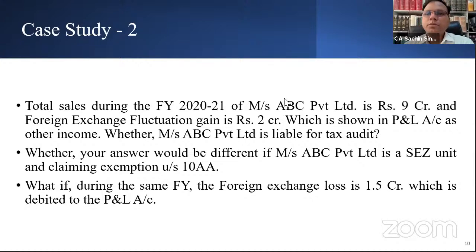Okay. So if the foreign exchange fluctuation is on account of your debtors receivable or creditors payable, or for any reason, assuming you have purchased some machinery and in that case there is some exchange fluctuation you got, or you have taken some loan and in that case also there is some exchange fluctuation, you have to classify whether this exchange fluctuation is in the nature of capital expenditure or revenue expenditure, a capital item or revenue item.